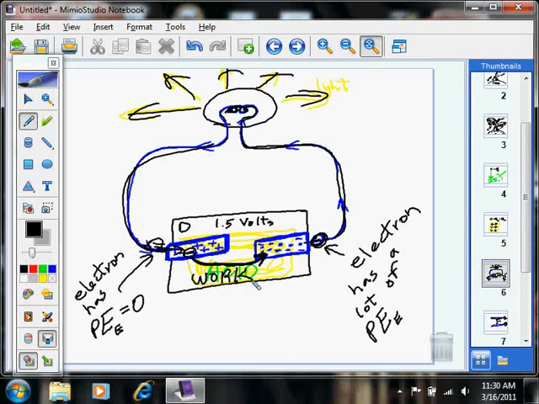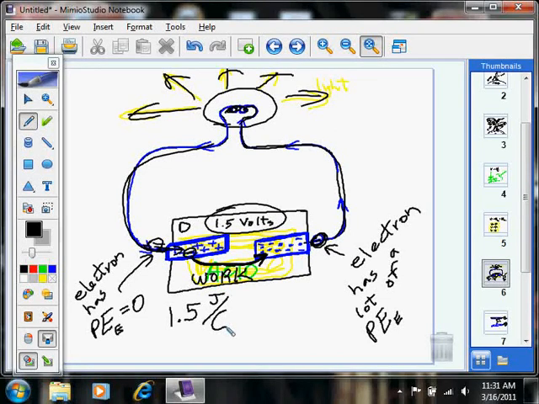And basically, the battery being 1.5 volts, that tells us how much work the battery is going to do via its chemical reaction to get the electron back up on that negative terminal. Since it's a 1.5 volt battery, that means it's going to do 1.5 joules of work to move each coulomb of charge from that positive to negative terminal.